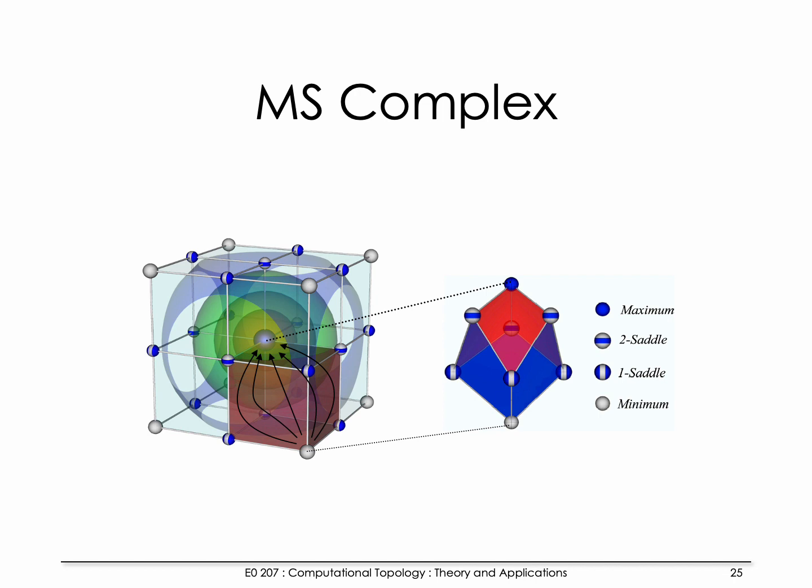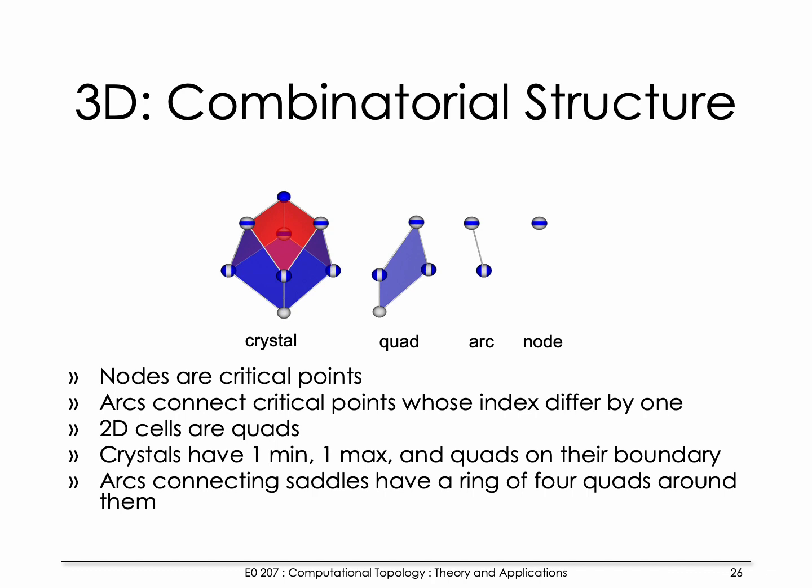And the boundary of this crystal has all the 2 and 1 manifolds, 2-saddles and 1-saddles. All the boundary 2-dimensional cells are again quads, similar to the 2D case. So if you look at the boundary of this crystal, it looks like a 2-dimensional Morse-Smale complex. If I have to again talk about the combinatorial structure, the nodes are the critical points of the Morse-Smale complex in 3D.